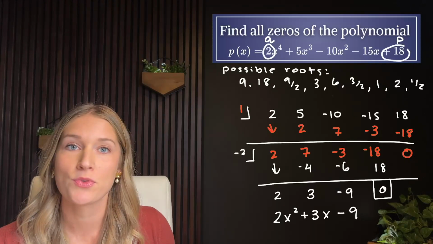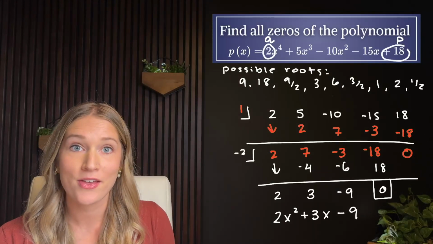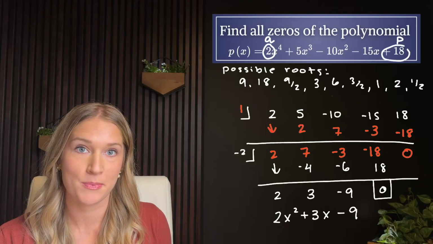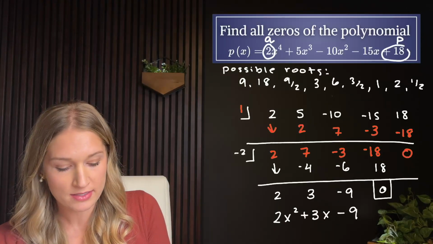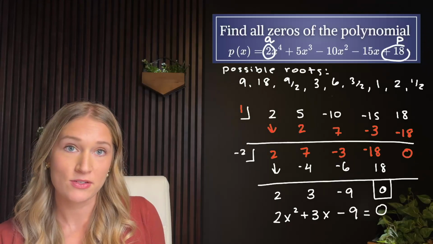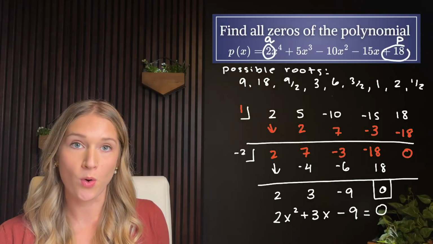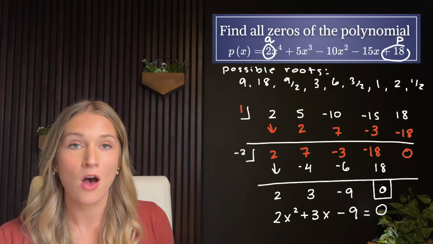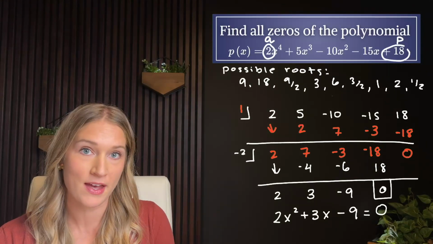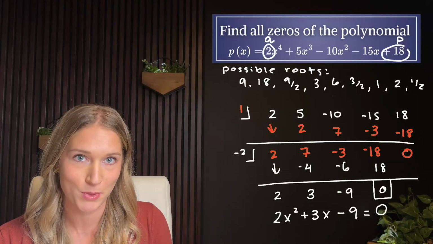So I might go through the whole list and nothing works for these last couple zeros. So what I'm going to do instead is actually find when this equals 0 by using either factoring or the quadratic formula. So let me go ahead and clear all this synthetic division. I'll make a note of our couple zeros that we have found, and then we'll solve this remaining polynomial.